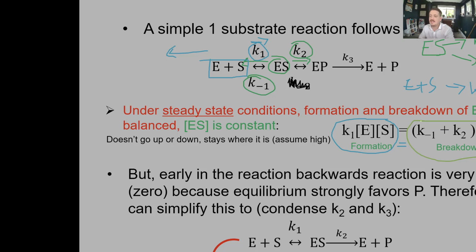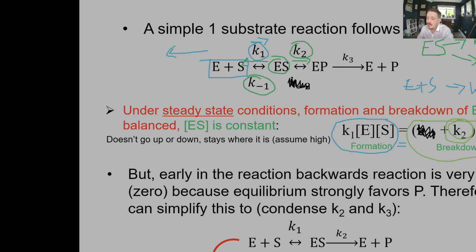Under steady state, the enzyme is mostly in the ES state, and as soon as it breaks down in either direction, it doesn't matter. The majority is going to be in this direction, and for the majority of cases, we can kind of ignore this. I don't really want to, but we can.